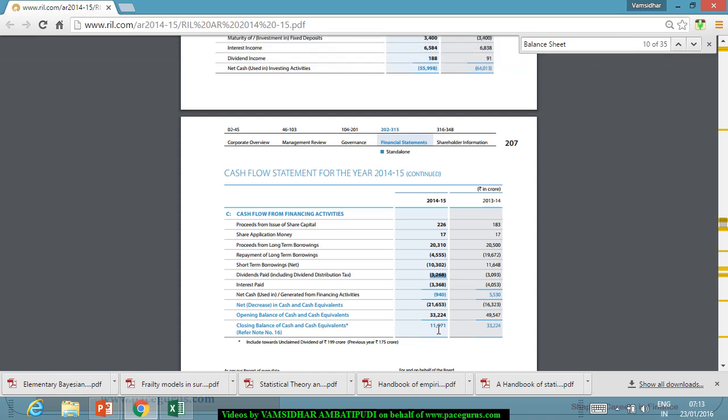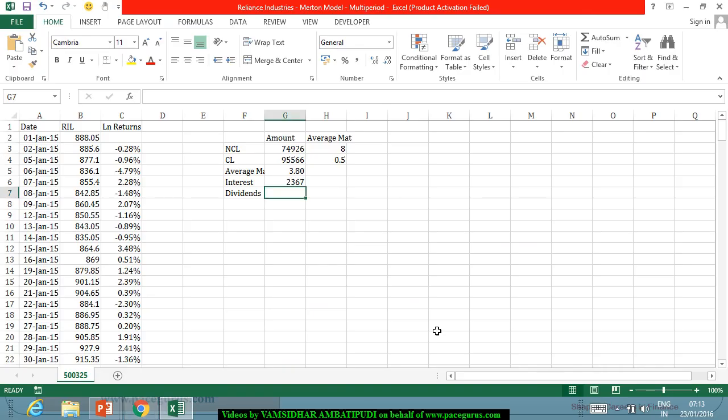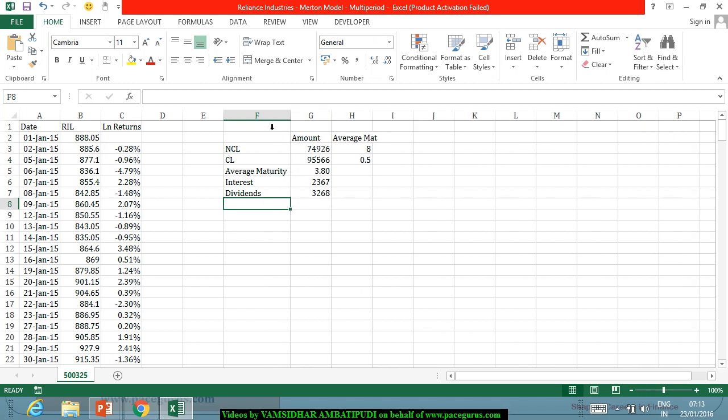The dividend is coming out to 3268. So I'll take the dividend as well. We'll try to accrue them to the maturity period, which is the 3.8 years.